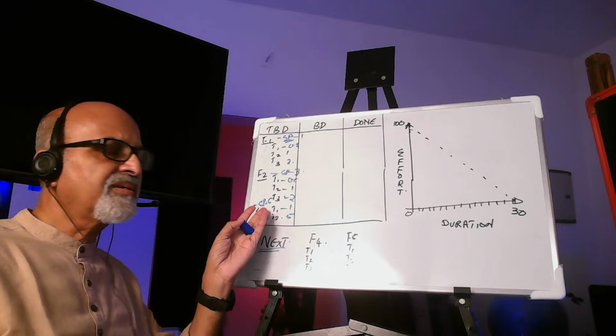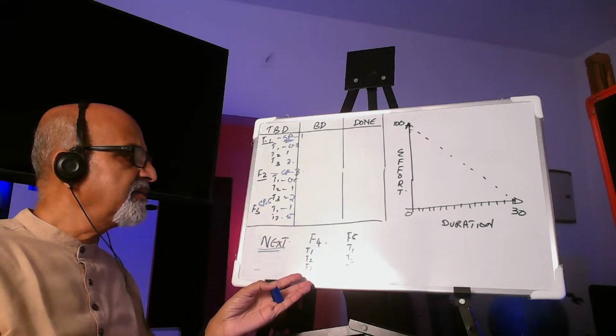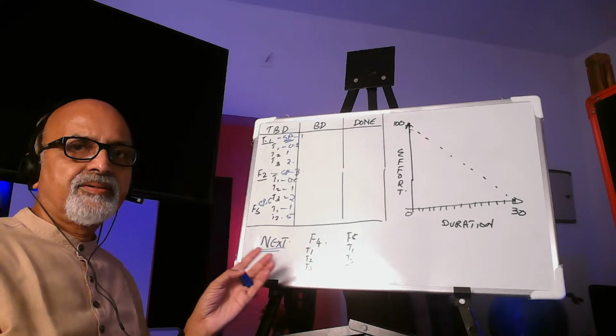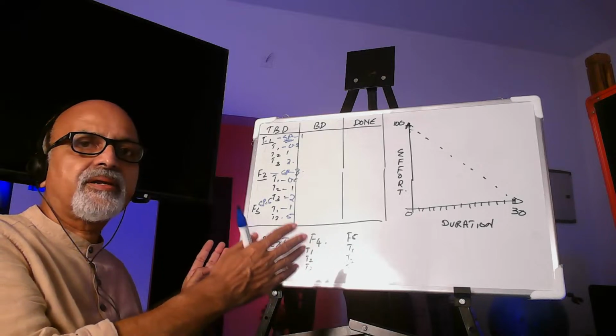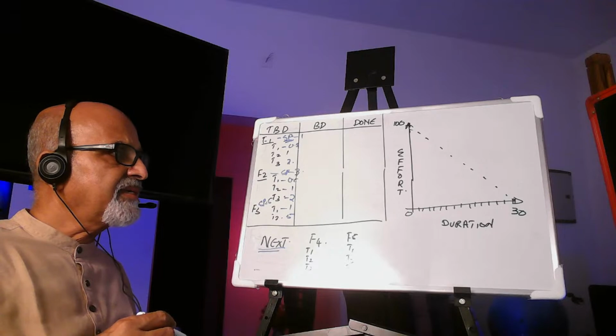Actually, we committed only till feature 3, but then we have additional capacity. In that case, we'll pick up something from the next. So this is the primary output of the sprint planning meeting.